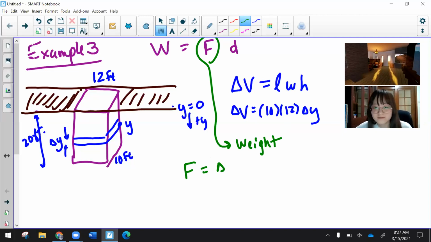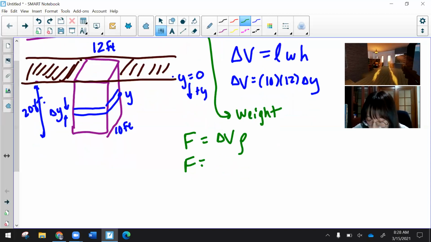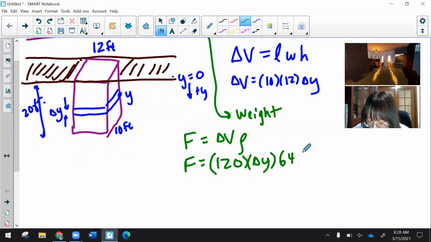So that force is going to be the volume times this weight density, which is kind of like regular density, but instead of being mass per volume, it's weight per volume. And that's that number that we're given in the beginning, that 62.4 pounds per cubic foot. Remember that pounds is a unit of force. So my force here is going to be this 120 times delta y times 62.4.